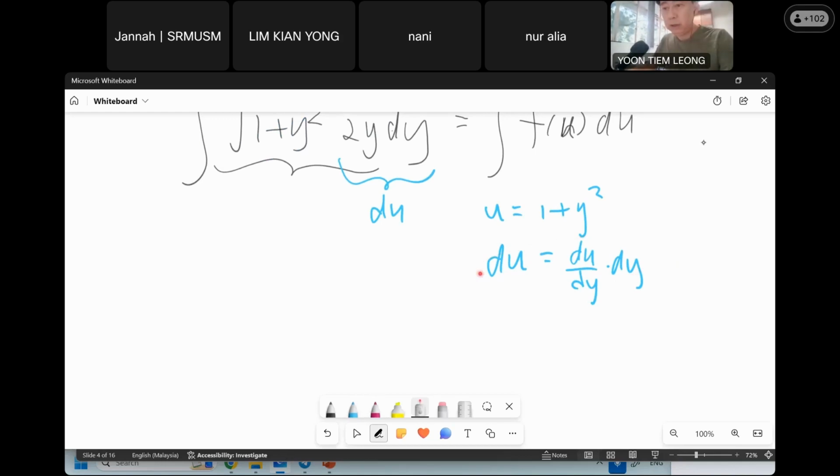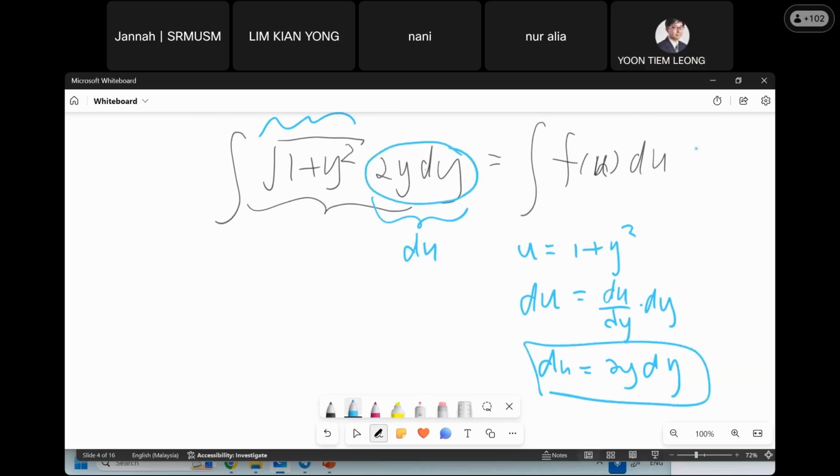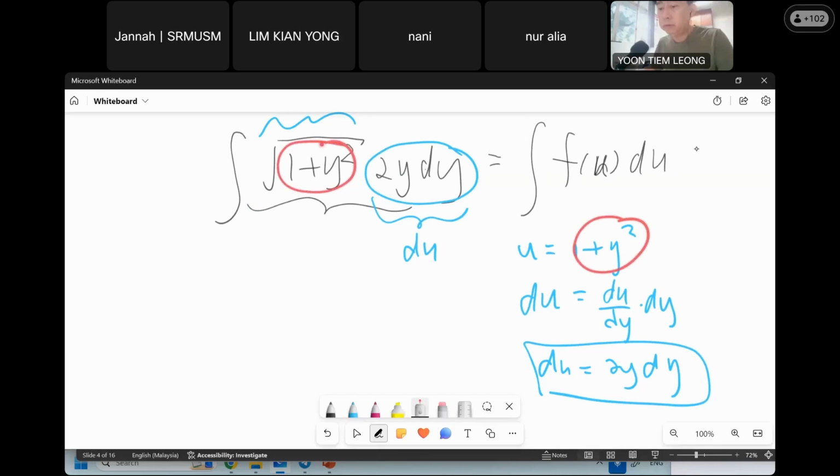We have actually mentioned that very often in our previous lecture. So that would then give you du equals 2y dy. By looking at this very simple relationship, you recognize that this is just your du. Then if you call u as 1 plus y squared, then the square root is nothing but u to the power of half.